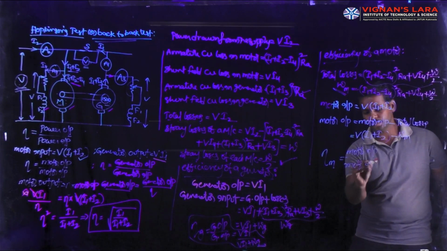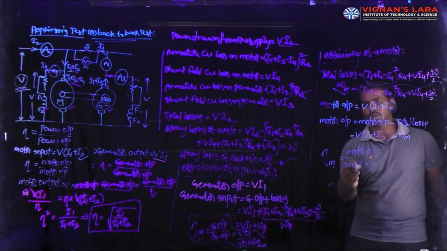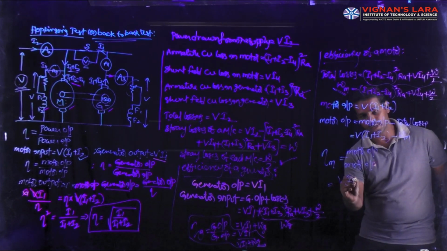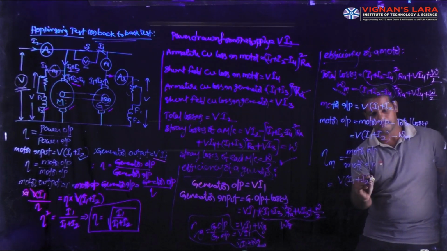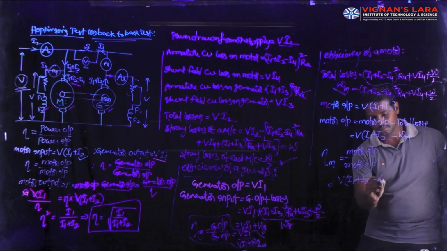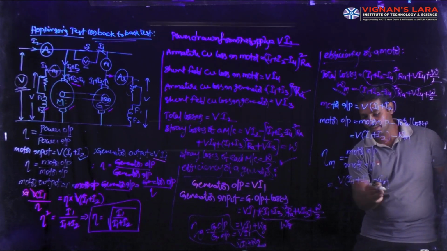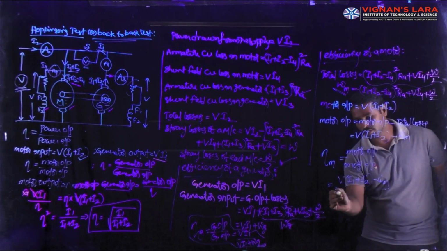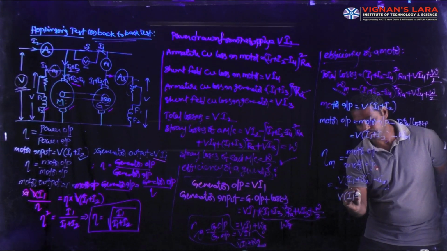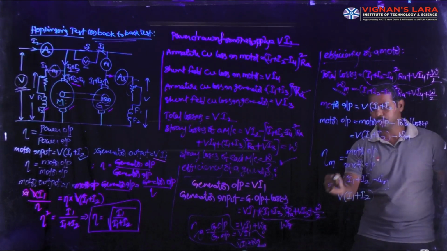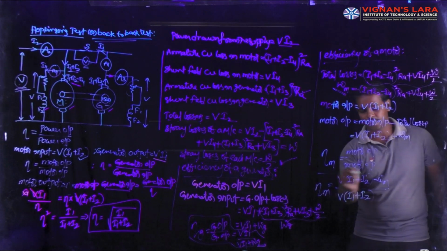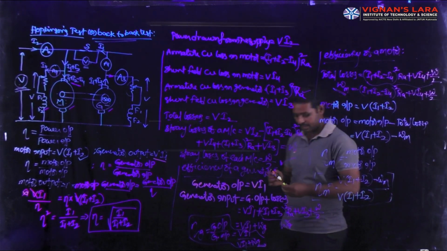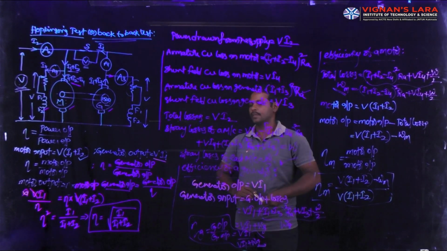The motor output is V into (I1 plus I2) minus WM, divided by V into (I1 plus I2). So these are the efficiencies of both machines using Hopkinson's test.